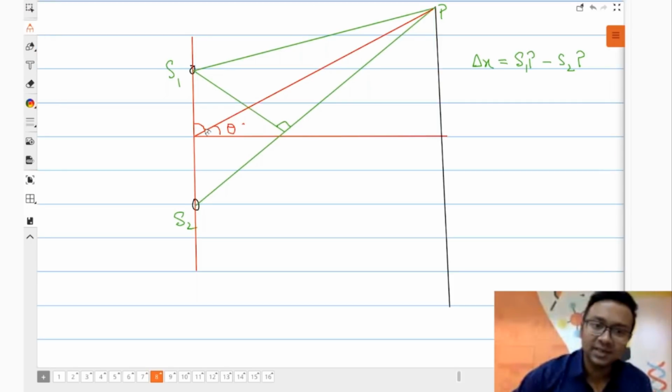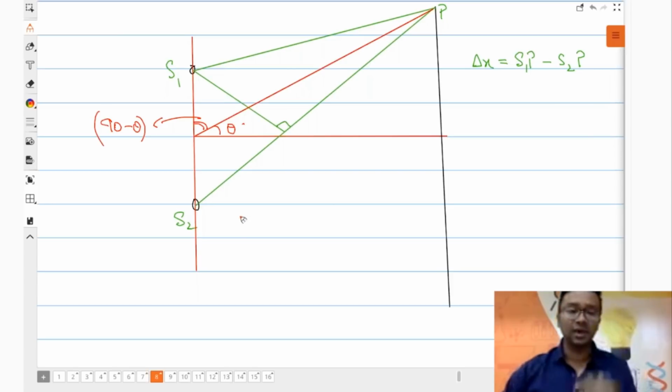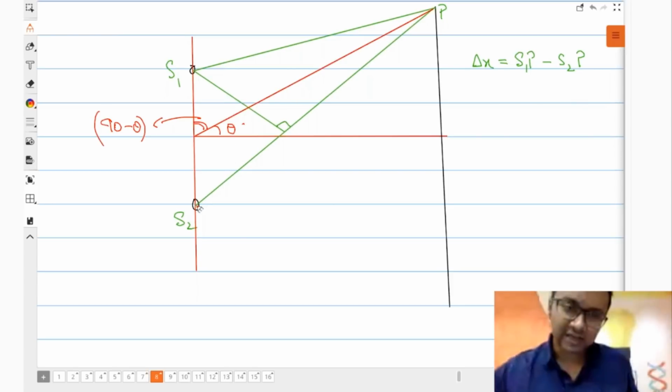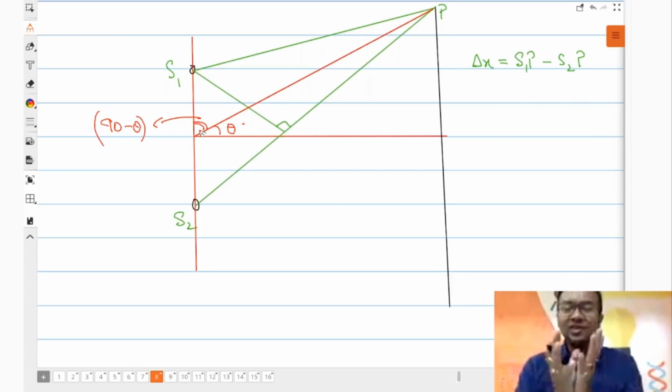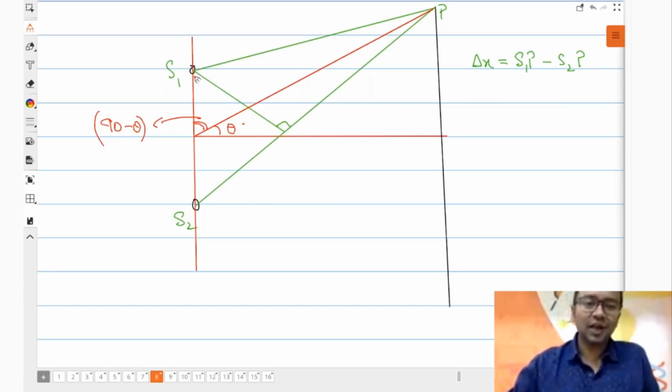So students, this is going to be how much? 90 minus theta. Now see this, this line and this line are actually very close to each other. Between S1 and S2, we call the distance equal to D, S1S2. That is the distance between the two slits.